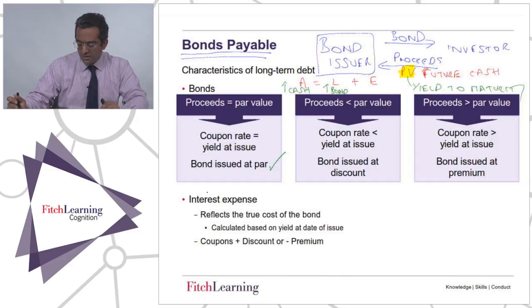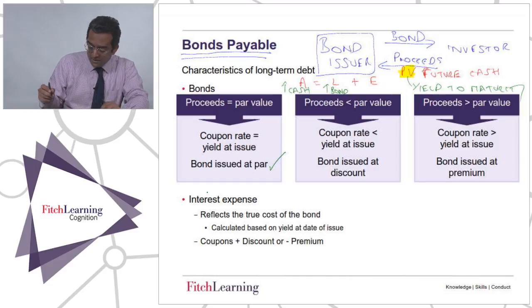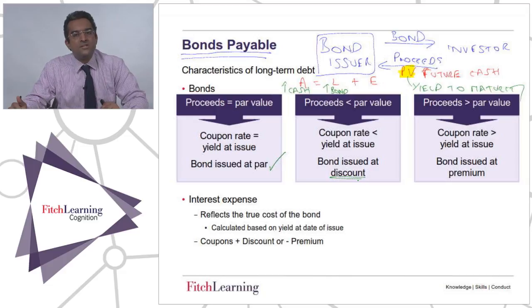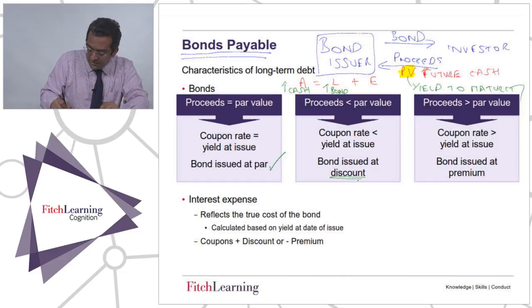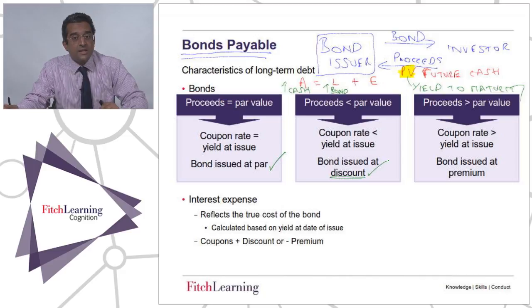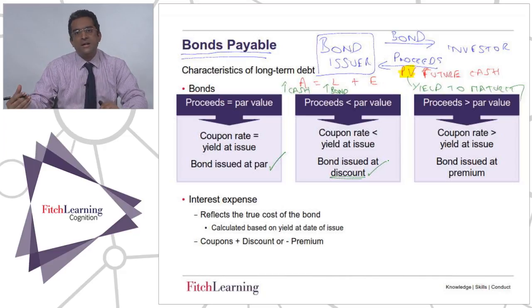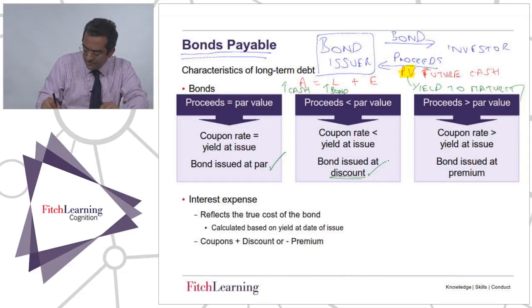But if the coupon is deficient, in the sense that it's less than what is required, the bond is issued at a discount, which reflects the fact that the bond is not as valuable as the par value states it is, because the coupon is not effectively good enough. However, if the coupon is excessive relative to the yield, that means the bond essentially is rich and valuable compared to its par, and the bond is issued at a premium.